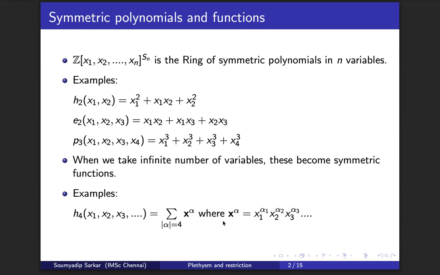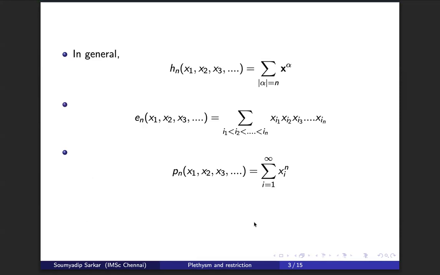By x^alpha, I mean x1^alpha1 x2^alpha2 x3^alpha3 and so on, where all the alpha i are non-negative integers and they add up to 4. This is the notation x to the power alpha. These are the general definitions of hn, en and pn, as I said.